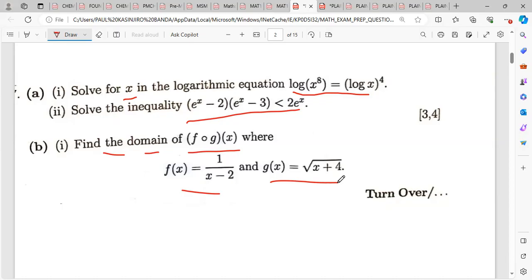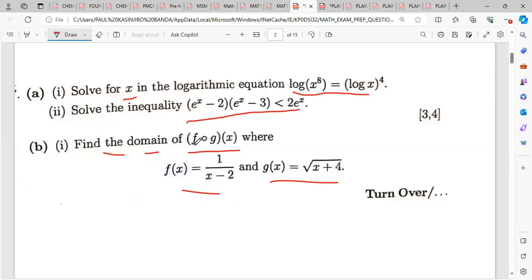We have the output function, and then we have the input function. Here they have given us f of g, meaning that we should insert this g into the function f.